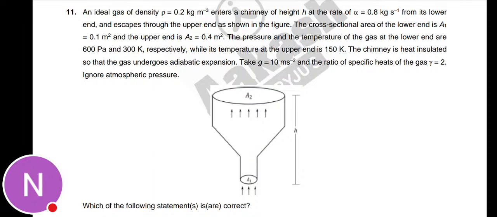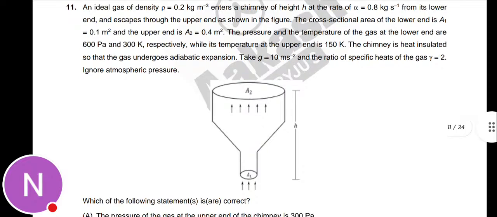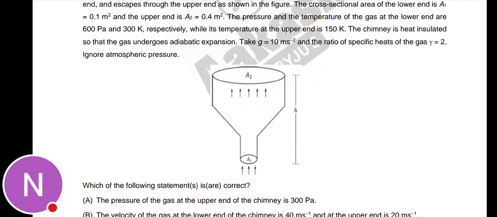The temperature at the upper end is 150 Kelvin. The chimney is heat insulated so that the gas undergoes adiabatic expansion. We have to take g equal to 10 meter per second square, and the ratio of specific heats of the gas is 2. We have to ignore atmospheric pressure.